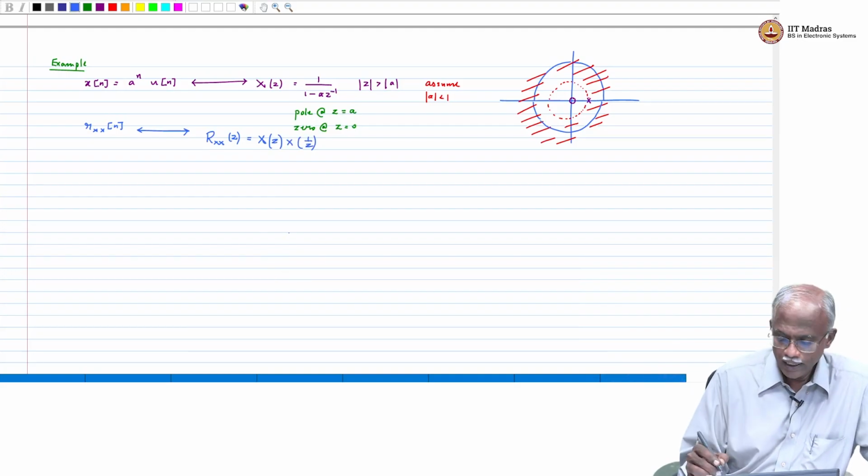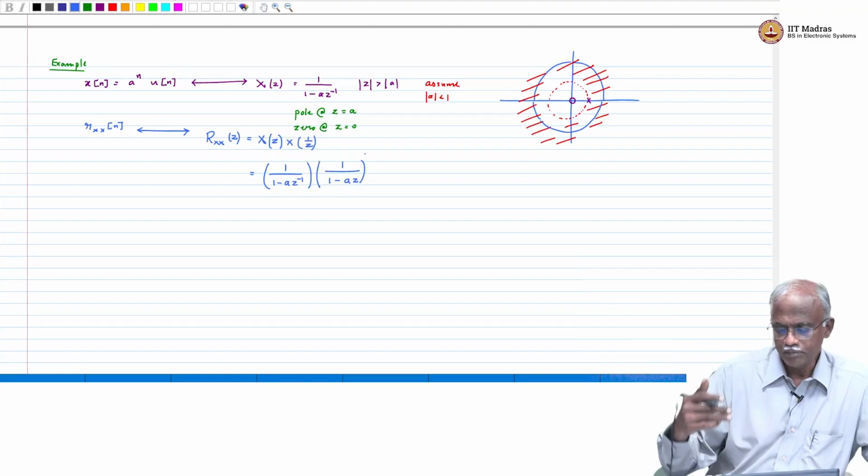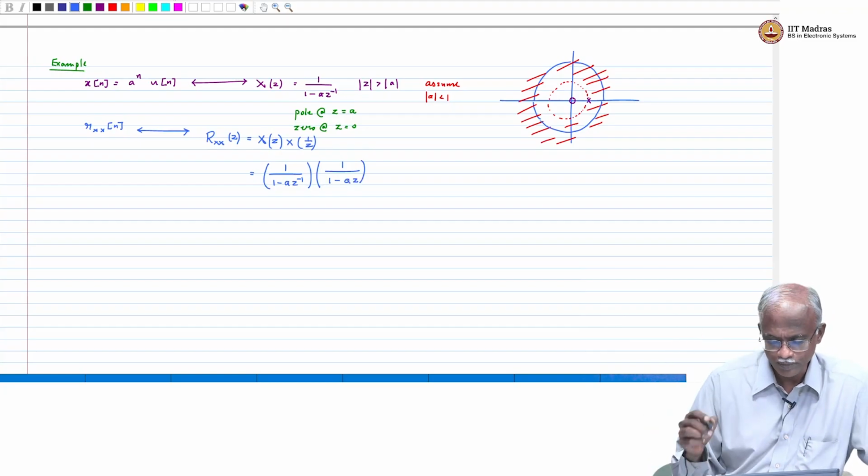We can write down this expression as 1 over 1 minus a z inverse multiplied by 1 over 1 minus a z. You replace z with 1 over z, so this becomes z.